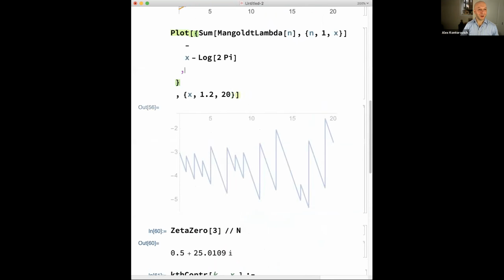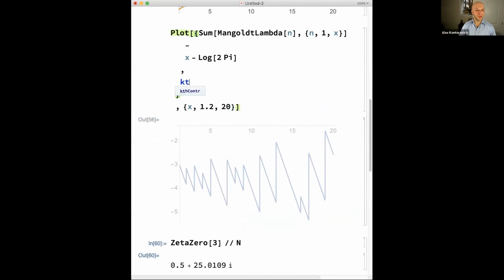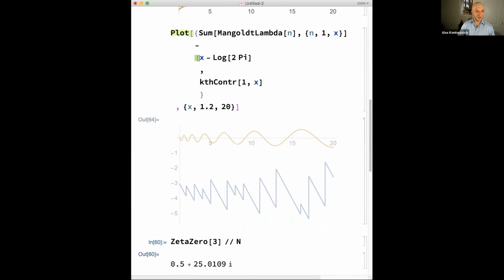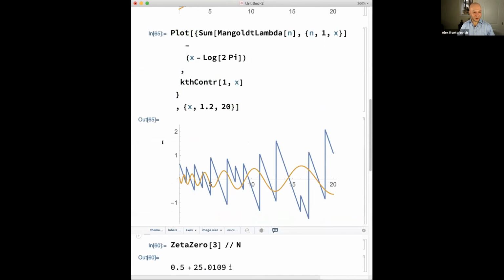Okay? Now check this out. Let's look at what happens if we look at this kth contribution. Let's look at the first contribution of x. That doesn't look right, oh, it's because I didn't put parentheses around this subtraction. Well, that's a little better. That's just the first contribution.